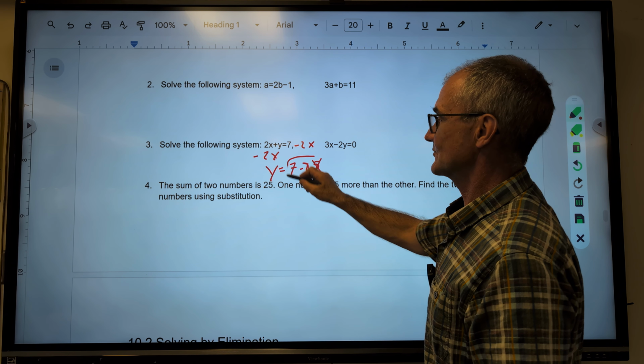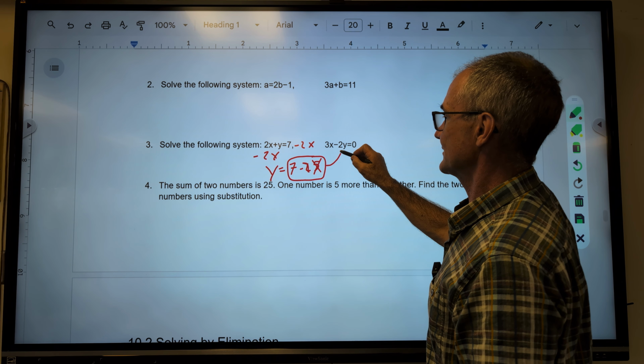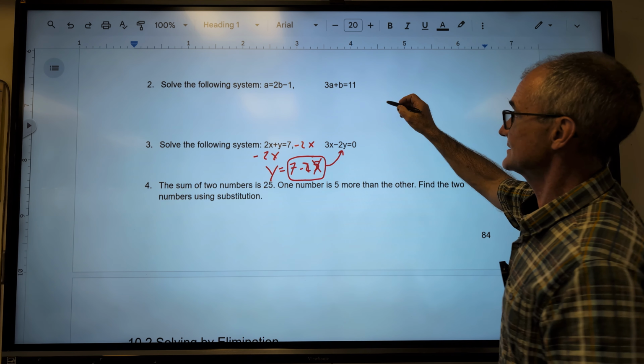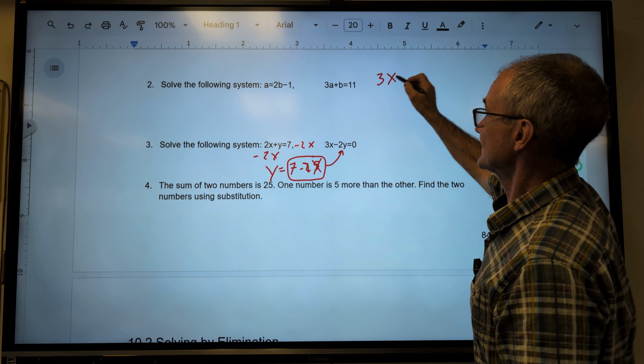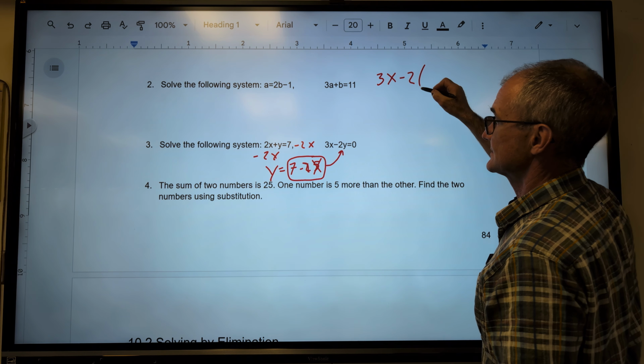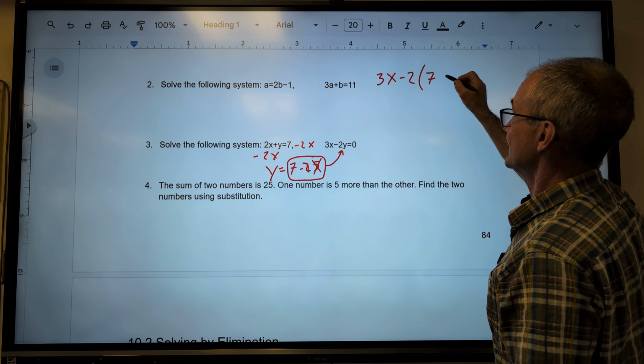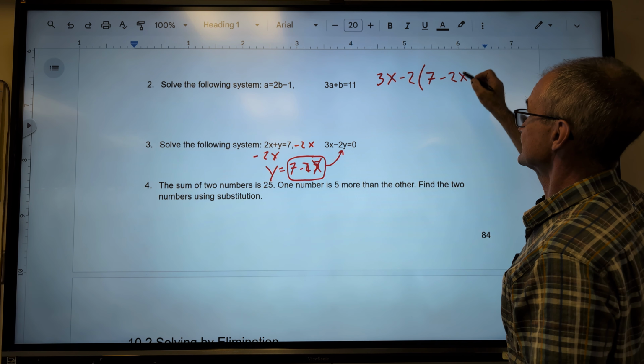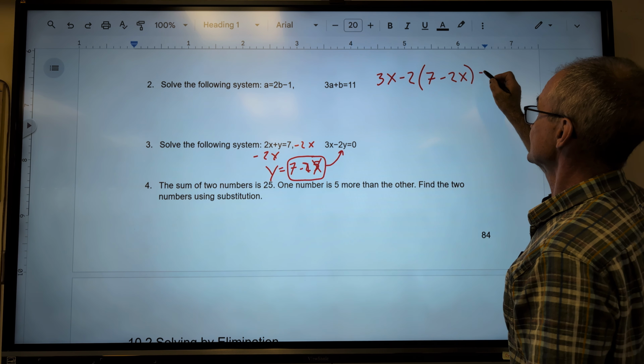So I have a value for y. Take that value for y and I plug it in here. So I have that original 3x minus 2 times whatever y is. 7 minus 2x is equal to 0. One equation, one variable. I could solve that now.